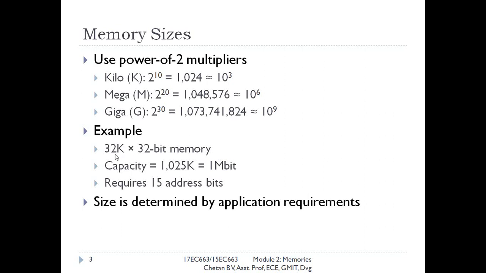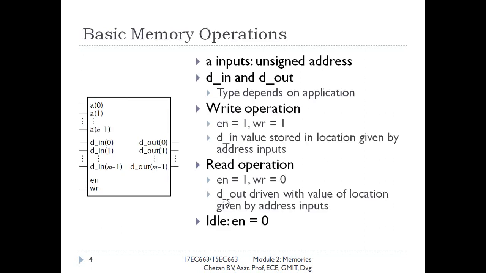Because 32K is 2 power 15, n value is 15, so you require 15 address lines. And the size of a memory is determined by application requirements. What you can do in case of memory is you can reorganize the memory size.